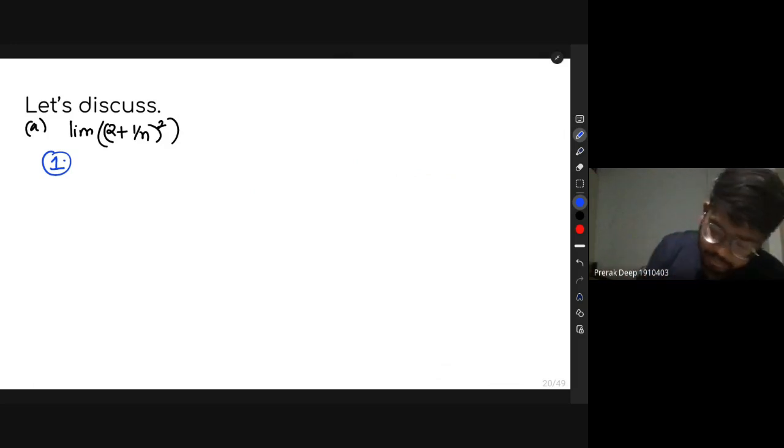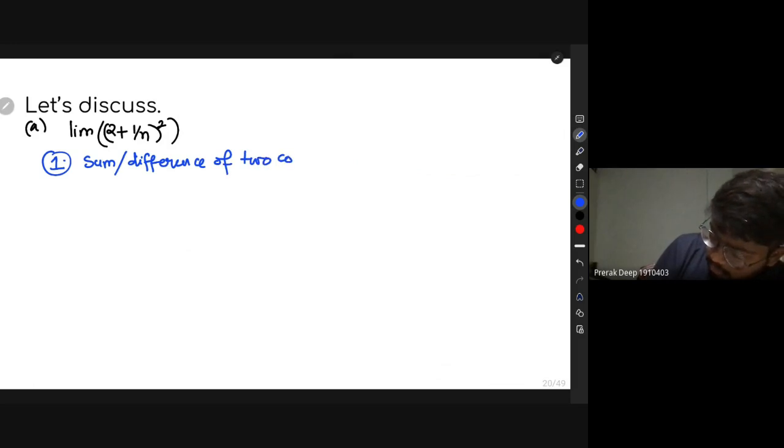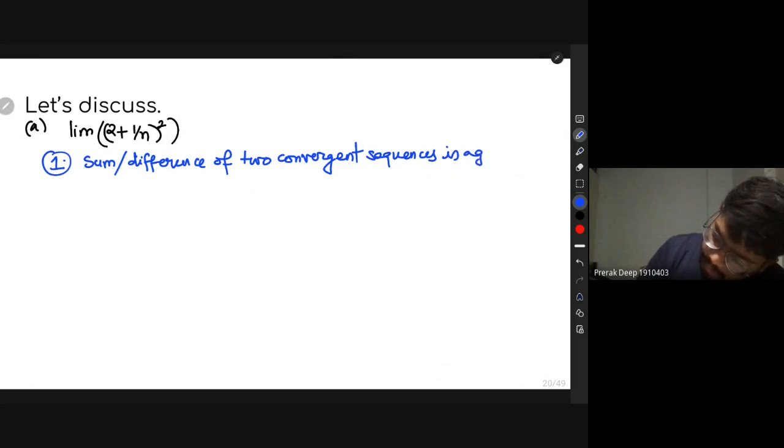So the first fact is that the sum or difference of two convergent sequences is again a convergent sequence.